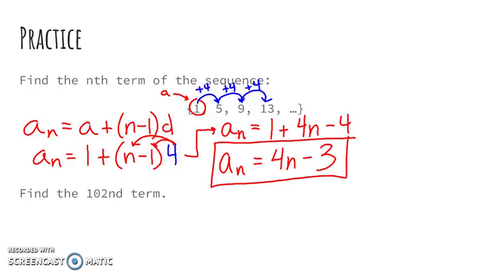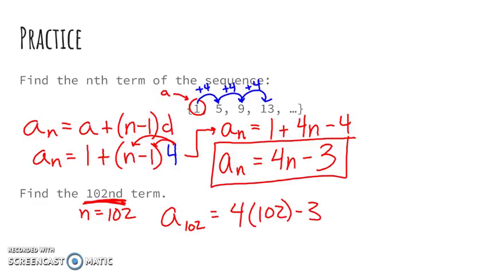So that formula there will allow me to find any number in the sequence. So down below it asks me to find the 102nd term. So if I want to find the 102nd term, all of a sudden that means that I know what my n value is. Now, my n value is 102. Okay, so to simplify that, I'm going to have a sub 102 equals 4 times 102 minus 3.